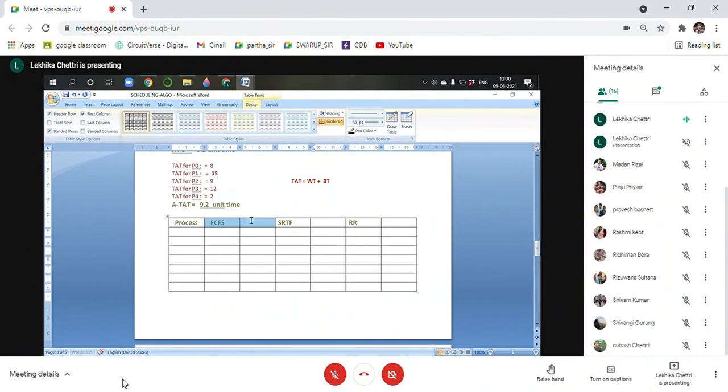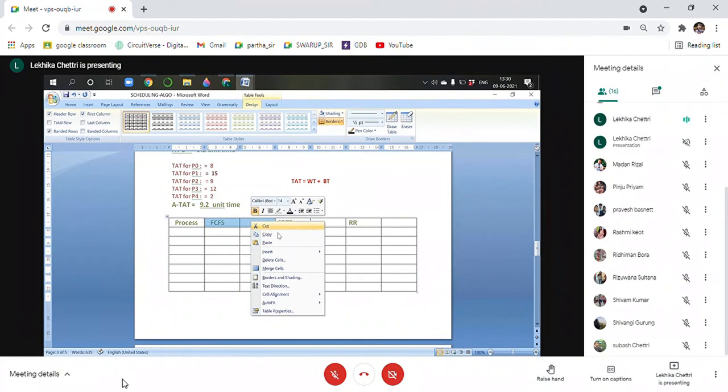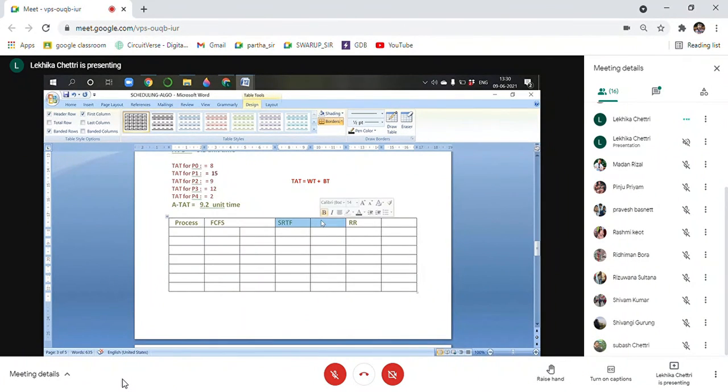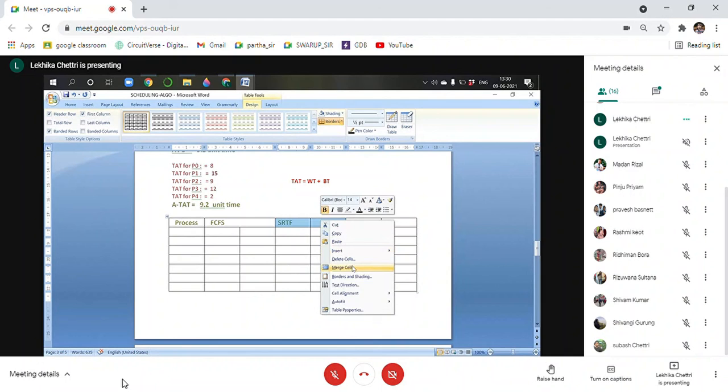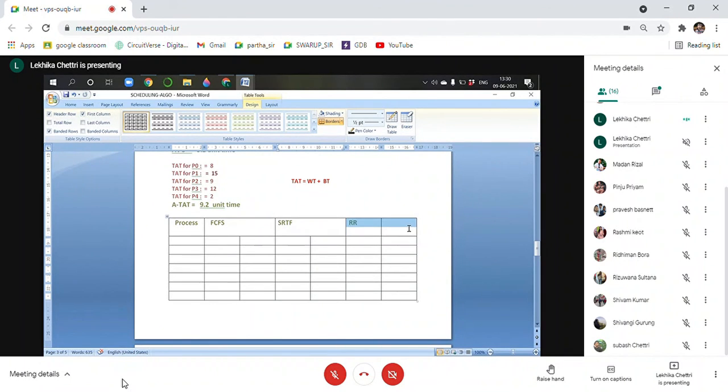For FCFS, what did you calculate? Here you have waiting time, here you have turnaround time, and again waiting time and turnaround time for each algorithm.